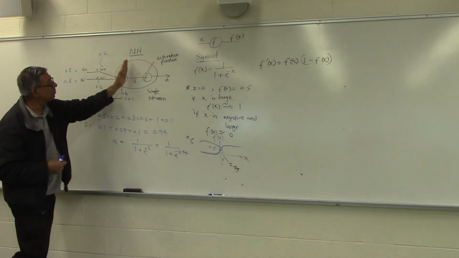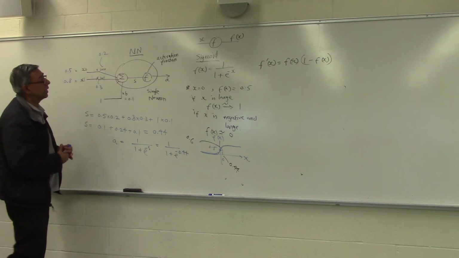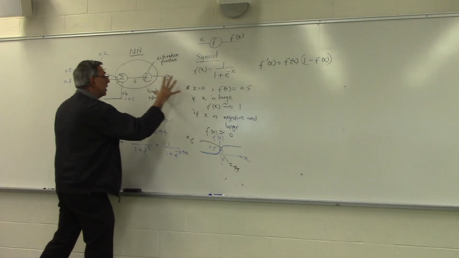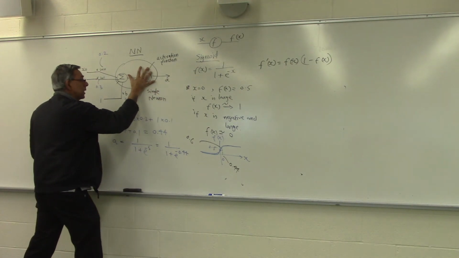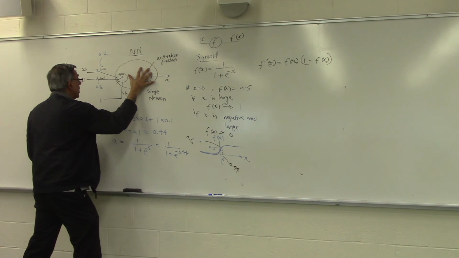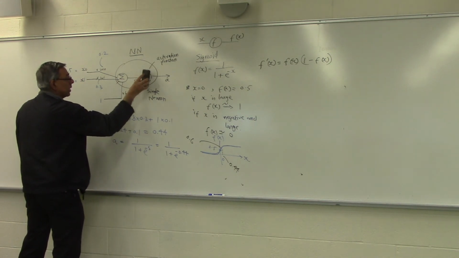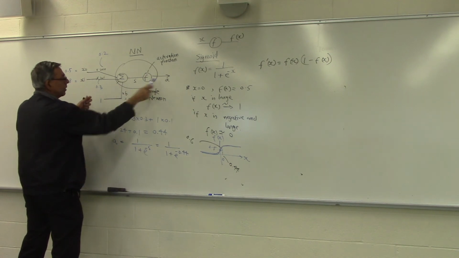Now, the purpose of a neuron is, let's pretend the activation function is not there. If it was not there, then what will be the output?